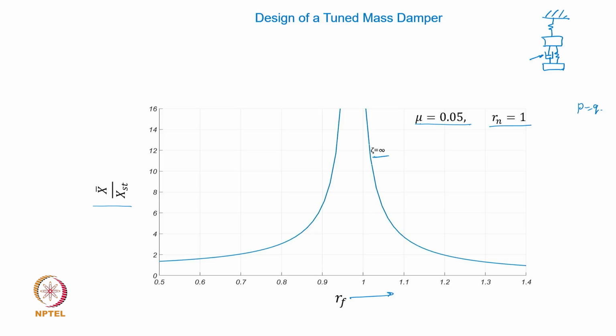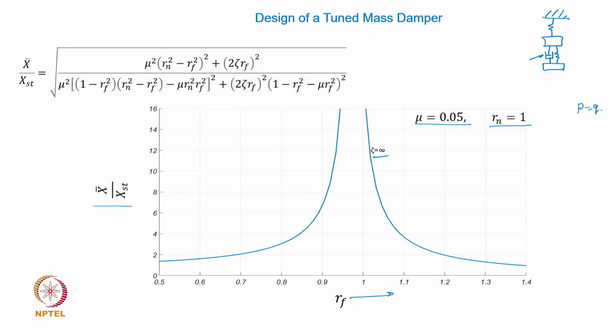In an extreme condition it will simply lock. The moment it locks, the two masses become one. There is no relative motion. And what you see is again another single degree of freedom system with a different value of mass and the same parent system stiffness, right? So this graph is actually representing what physically we can expect.